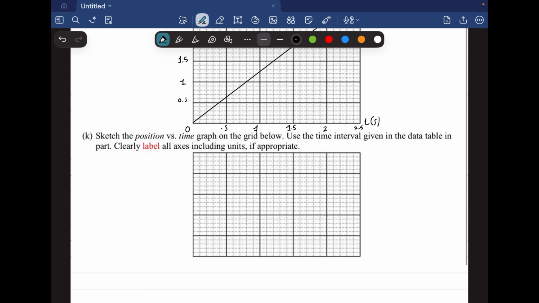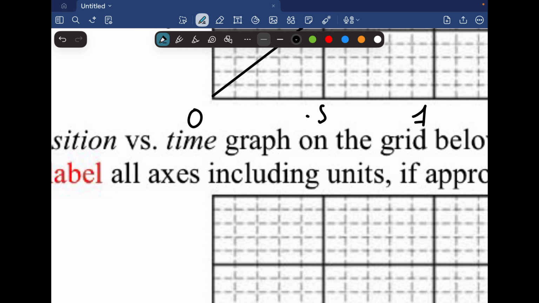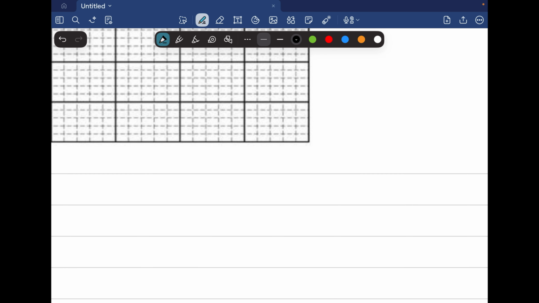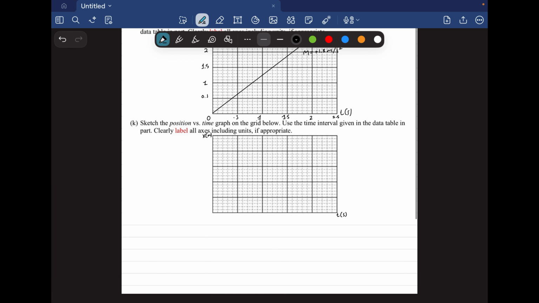Then lastly, I want the position versus time graph. So x, in meters, then t, in seconds, right?